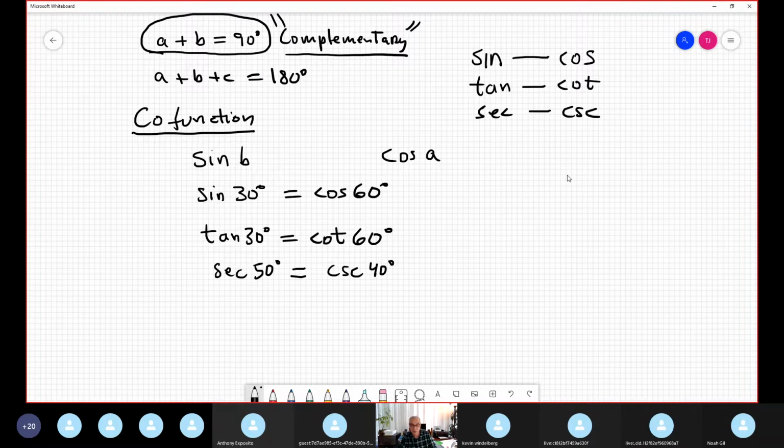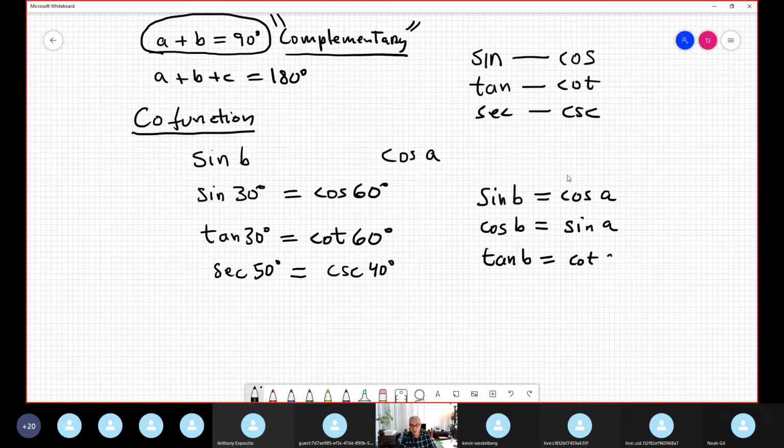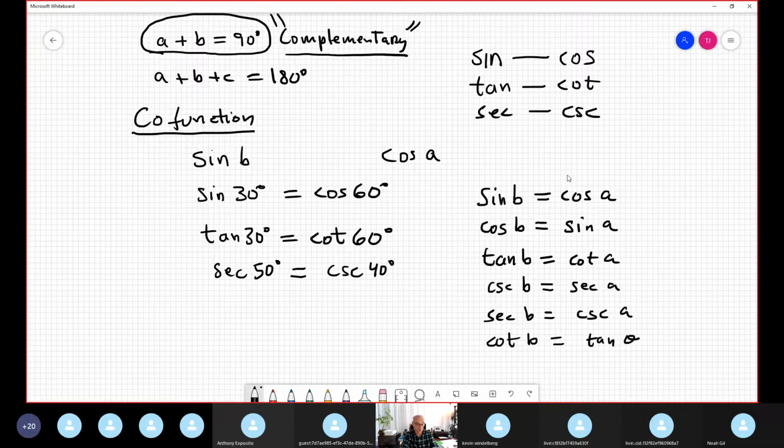Okay, let me write here quickly. Sine B is equal to cosine A. Cosine B is equal to sine A. Tangent B is equal to cotangent A. Cosecant B is equal to secant A. Secant B is equal to cosecant A. And cotangent B is equal to tangent A. And remember, this idea is clear when they are complementary.